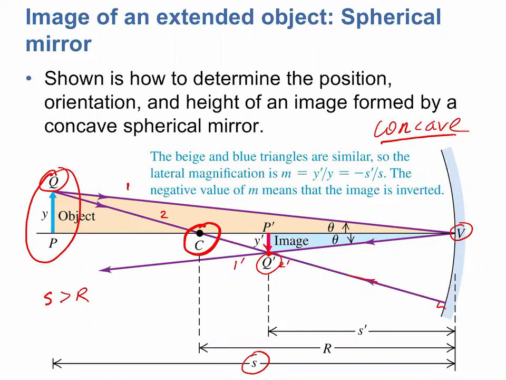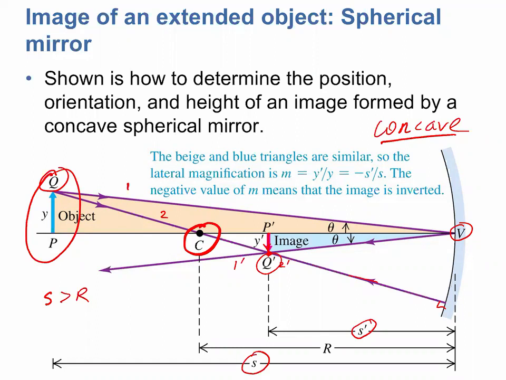And you can see in this case the image is upside down, it's inverted, and it's smaller than the object. And I can use that to find S prime, which is the image position, and then I can do some calculation to find its magnification and things like that.